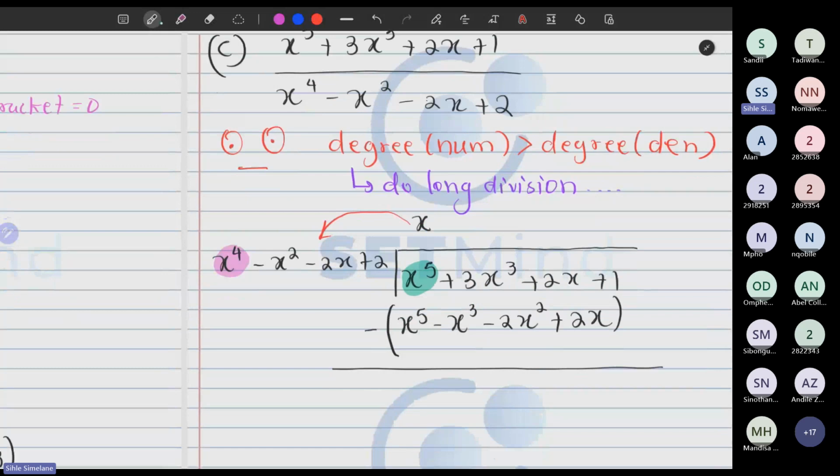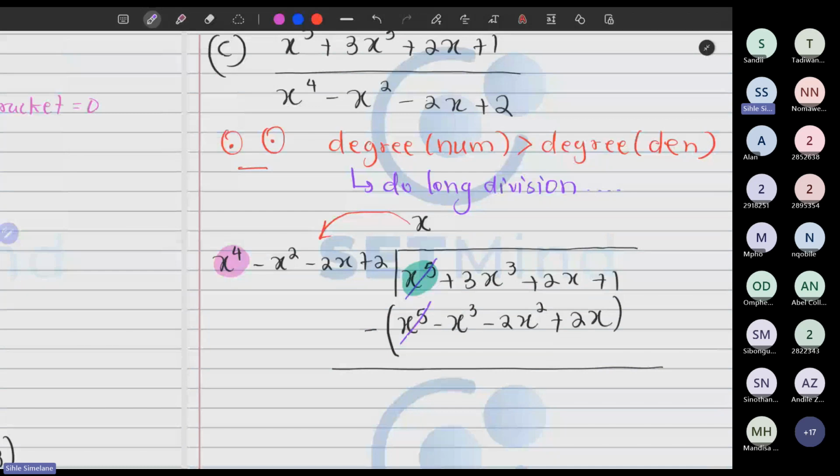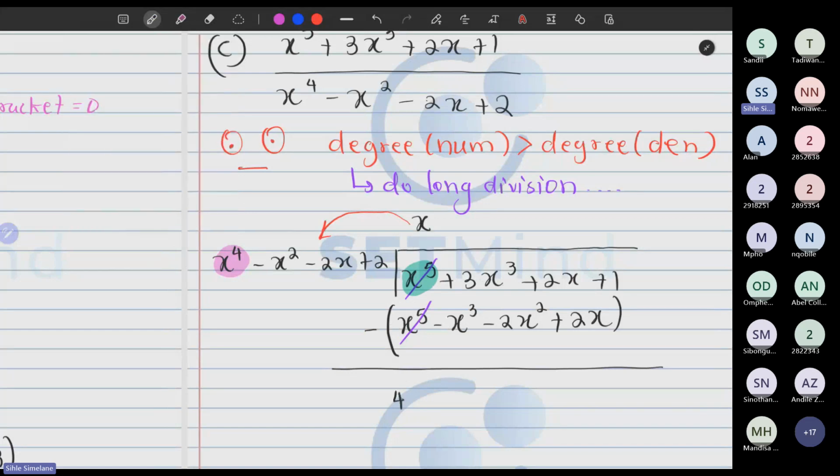So you will see that our x to the 5 and x to the 5 will cancel. And then what we will be left with is that we will have that 3x cubed plus another x cubed, because the minus will make a plus, such that we have 4x cubed.